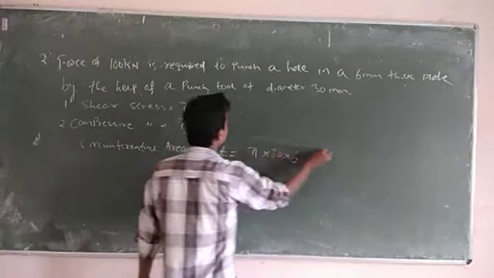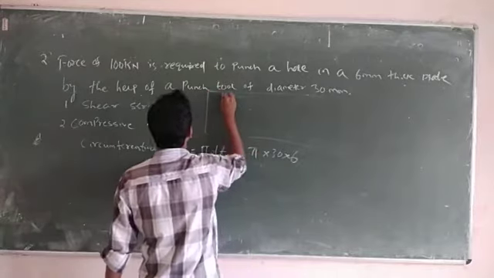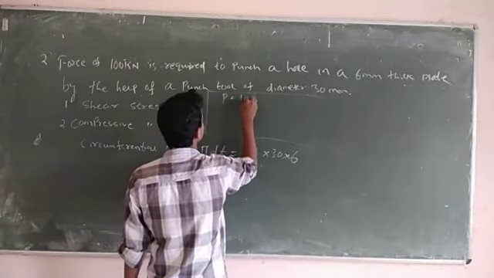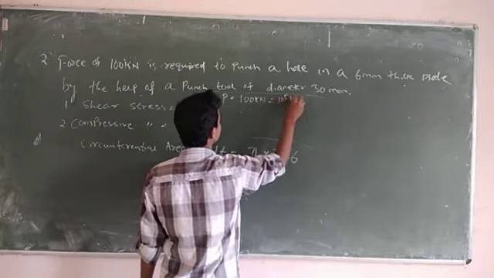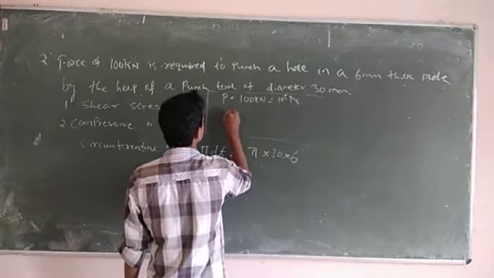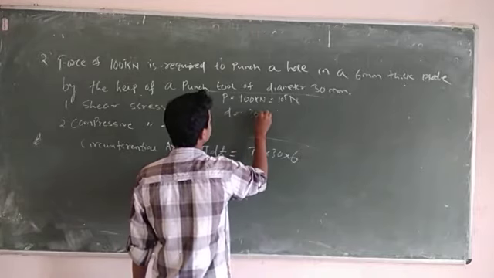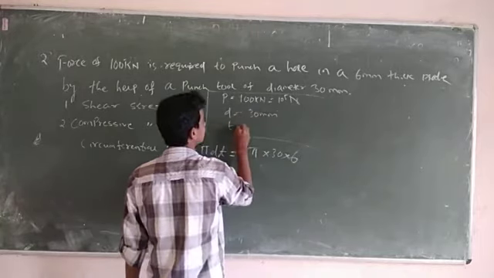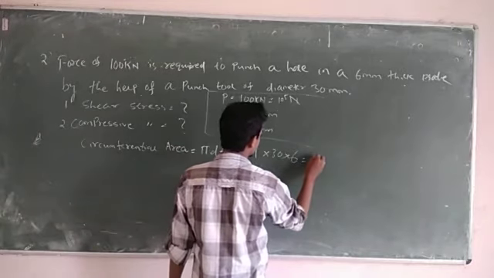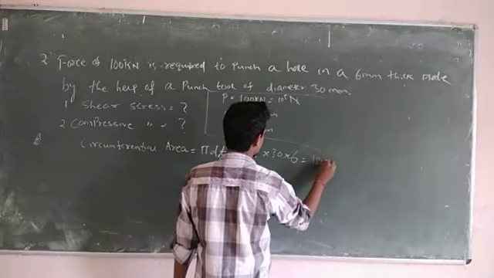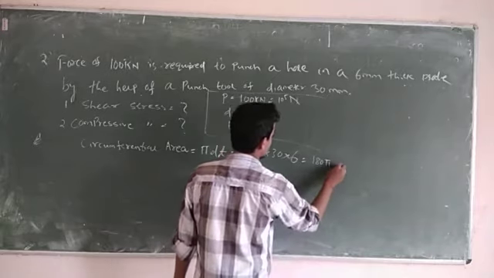Write down given data first. P is given 100 kilonewton, so it will be 10 to the power 5 Newton. Diameter is 30 mm, thickness is 6 mm. Just put it, that will be 180 pi mm square.